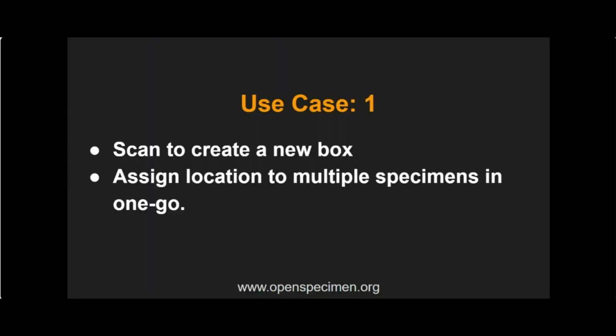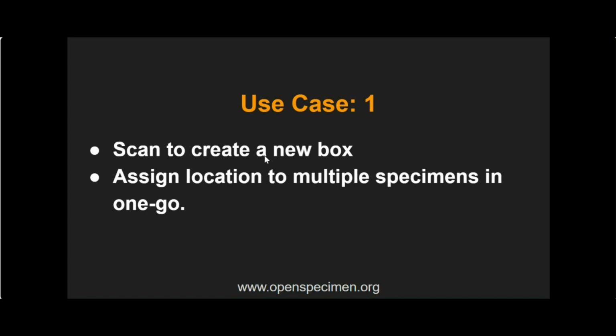So this is use case number 1, where let's assume there are three lab technicians who are creating or processing specimens. They have one box in their hands and keep on placing aliquots within their individual boxes.